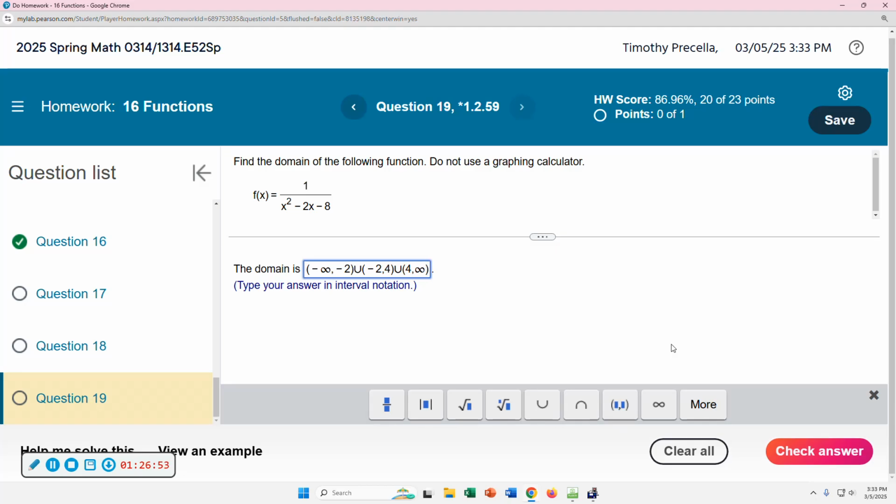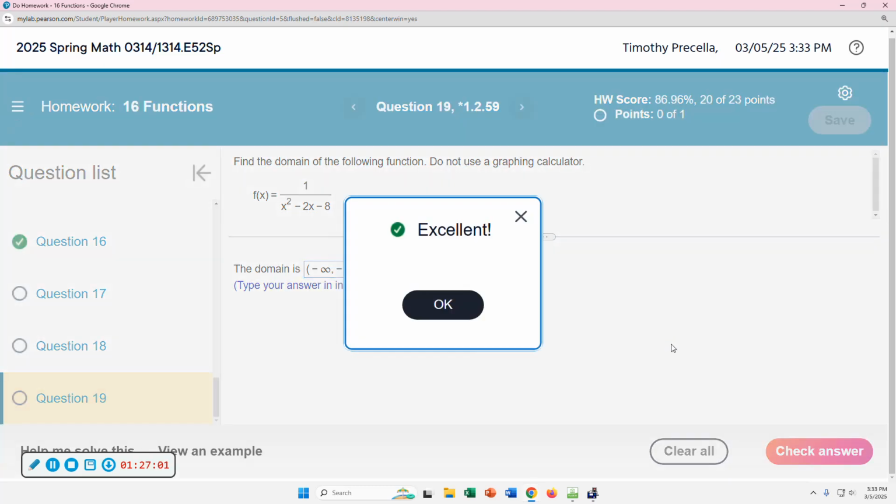And it's unfortunate, I think this notation is hiding what we're trying to say. We're trying to say you can plug in any number you want for x, except for negative 2 or positive 4. Those will give you denominators of 0.